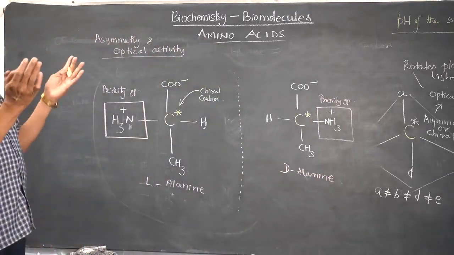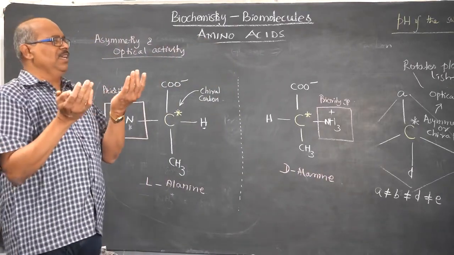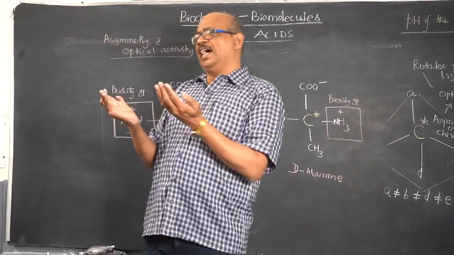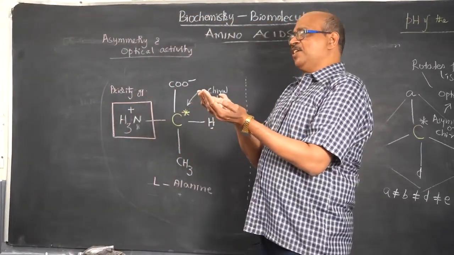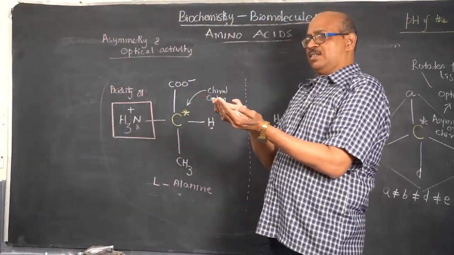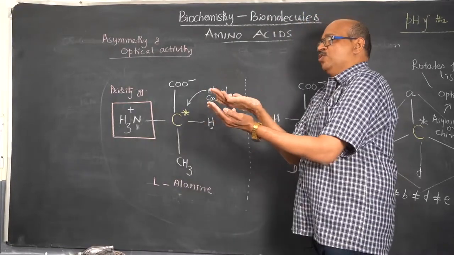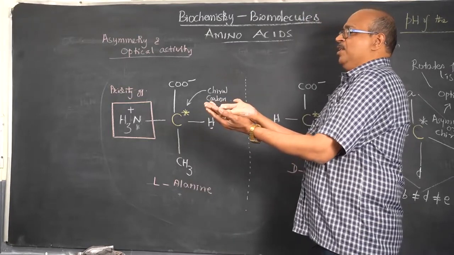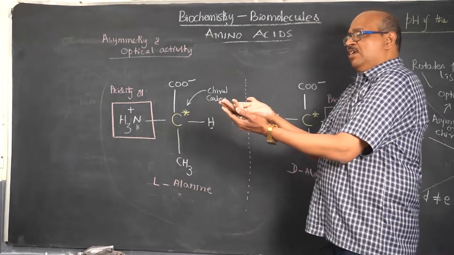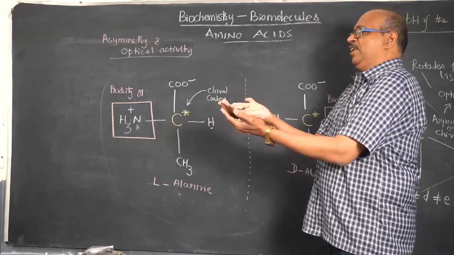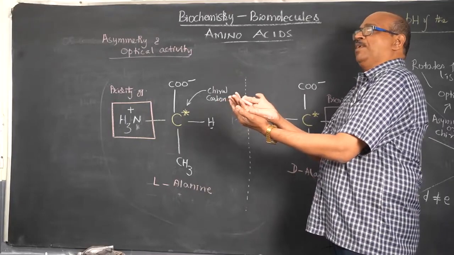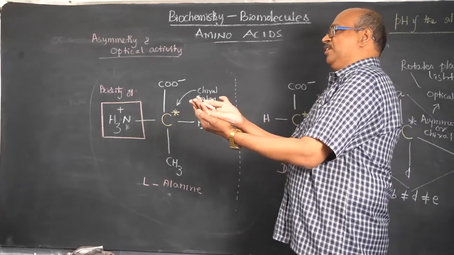So if you look carefully, L-alanine and D-alanine are just like your hands, chiral, that cannot be superimposed. If you try to superimpose them, your thumb will superimpose with your little finger.